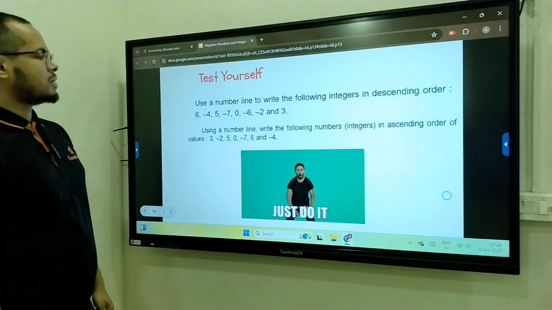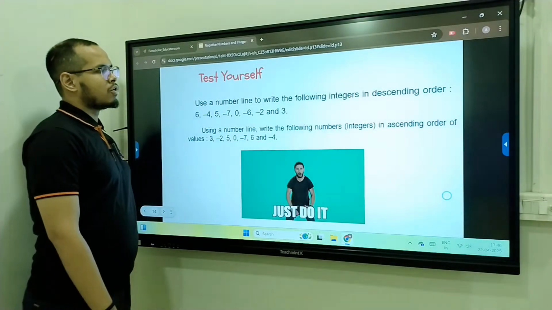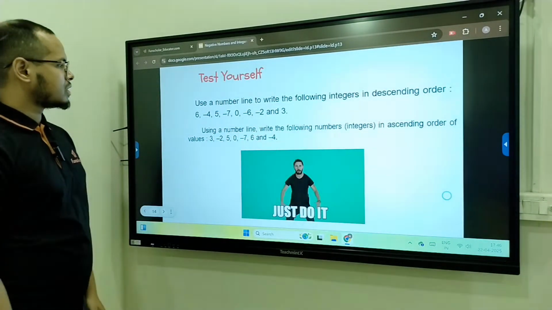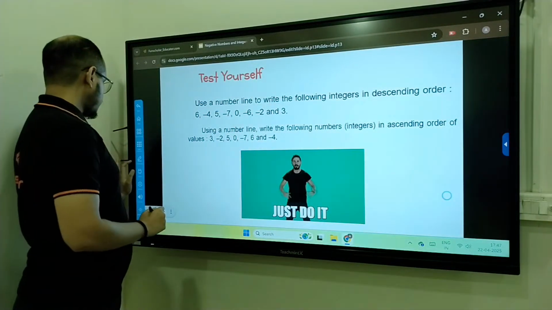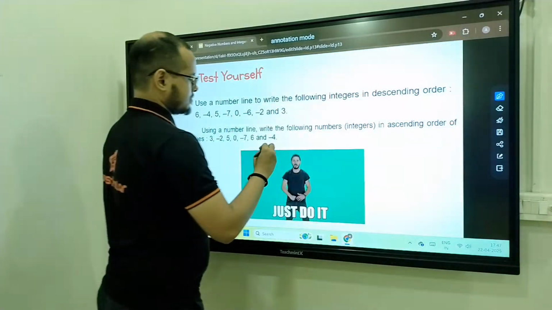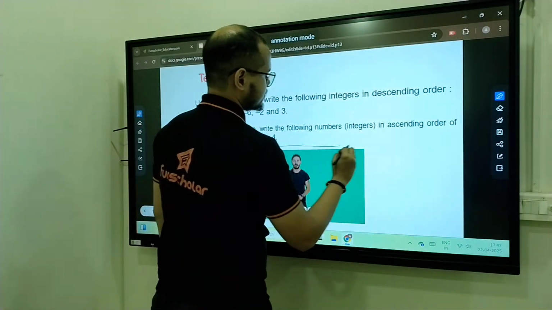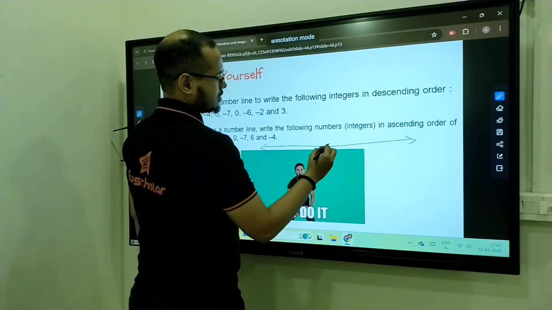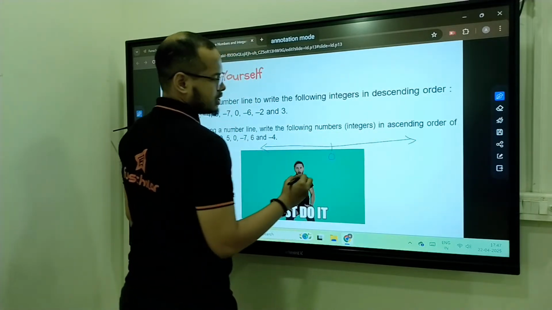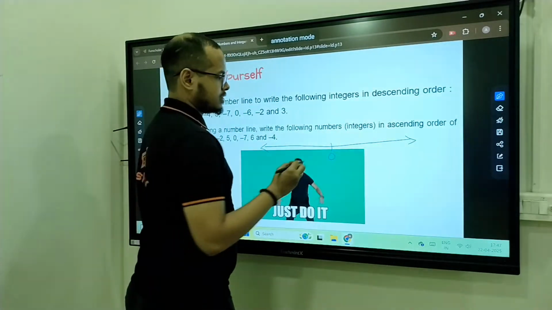Now, use a number line to write the following integers in descending order. Okay, so descending order here. So let us first draw a number line. Sorry, this line is not straight enough. So it is 0 here. The spaces should be equidistant, right?